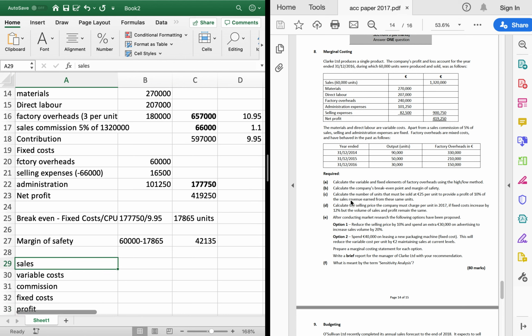And we're trying to find out the number of units that must be sold at 25. So if the selling price is 25, how many do we need to sell? Call that N. So sales will be 25N. Variable cost will be the same, 10.95 per unit, so by N. So that'll be minus 10.95N.